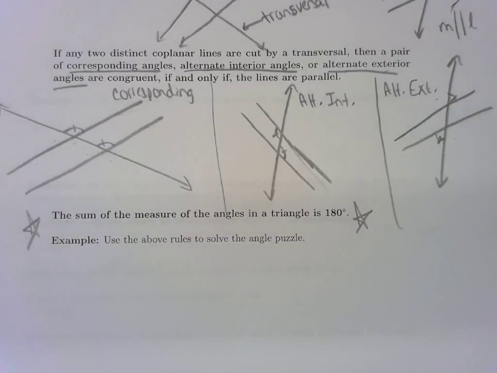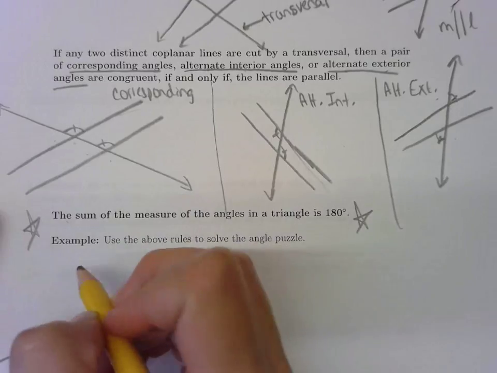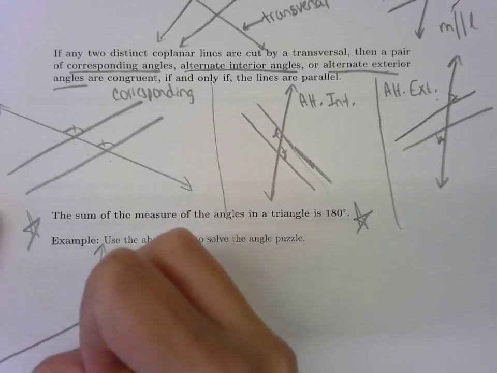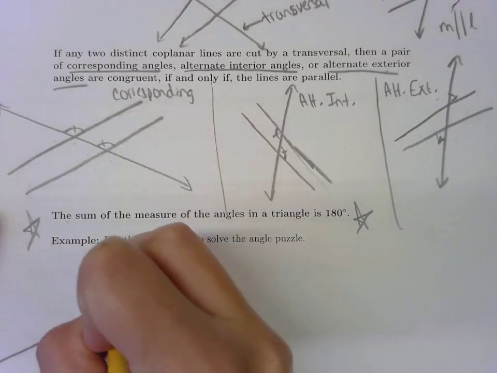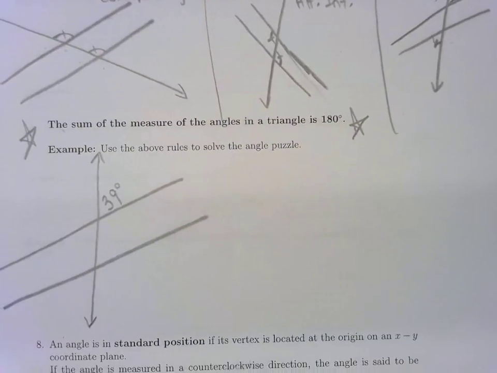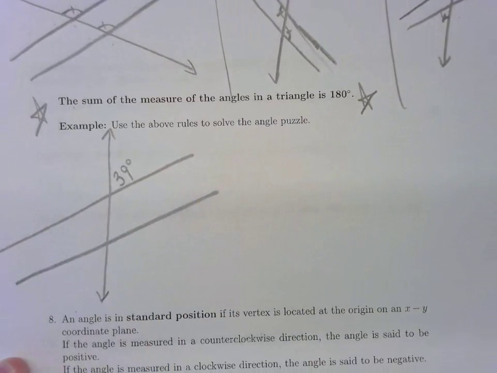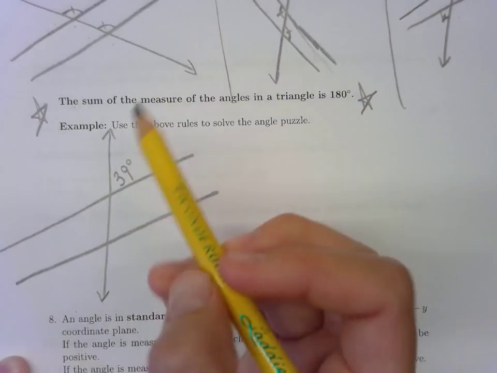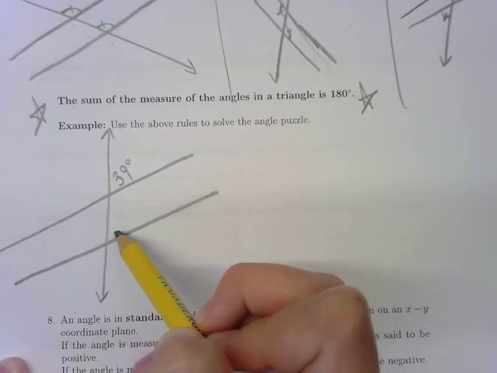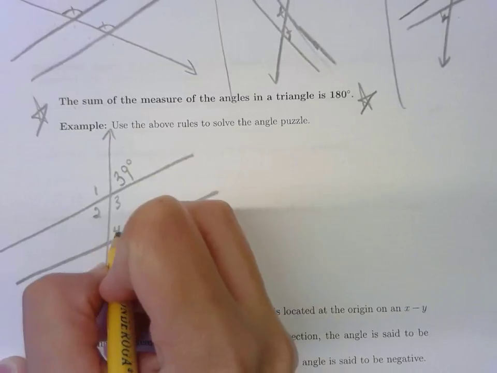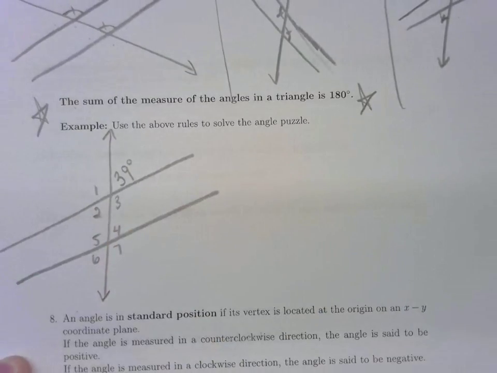So let's first start with two parallel lines and a transversal. And I'm going to say that this angle here is 39 degrees. All right, so I want to know all the other angles in this picture. First of all, we have corresponding angles. So a corresponding angle for this 39 degrees would be here, which I'm going to label so you can look back on your notes and see the work here.